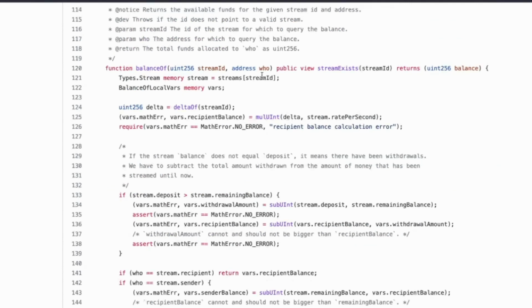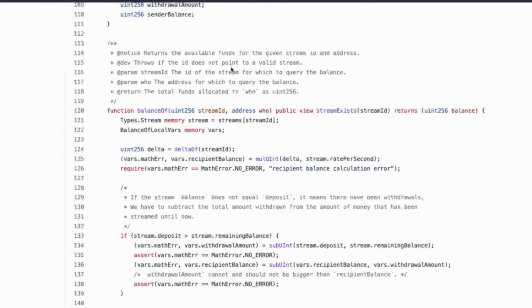Cool. We put in the stream ID and the address of the recipient. Oh, that's so cool. So I can have multiple recipients. Yeah. So I can say I have 3,000 USDC and I want to send it to these 4 people. The use case I keep coming back to is just a parent trying to pay their kids' allowances. But just go back to the stream struct.